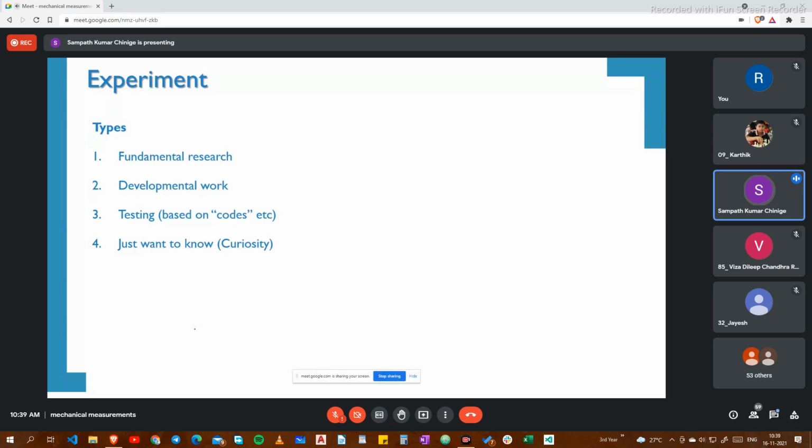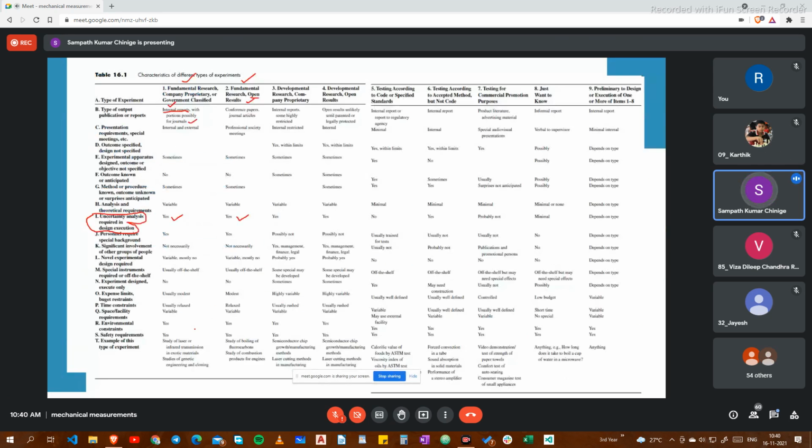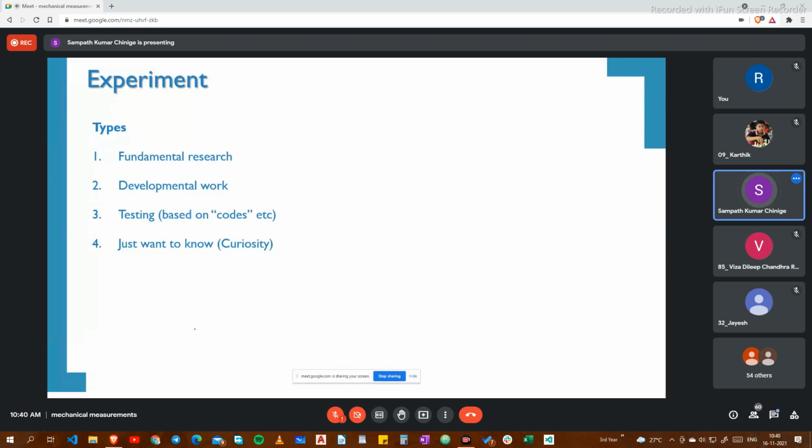What do you mean by developmental work? It involves the third and fourth in the table that I have shown. The third and fourth both come under developmental work and are frequently assigned to the average engineering professional. So an ordinary engineering professional is required to carry out this kind of experiment.